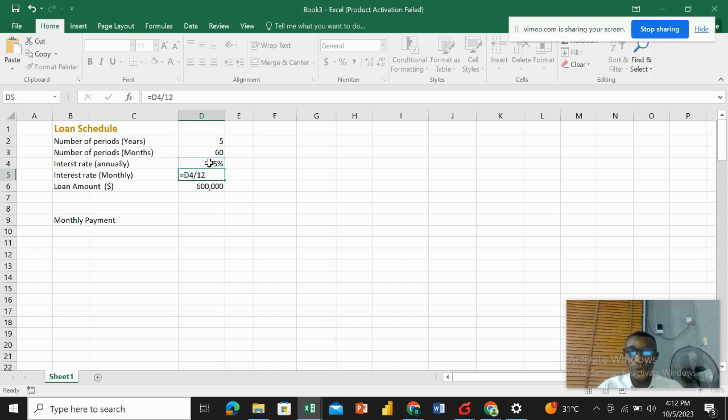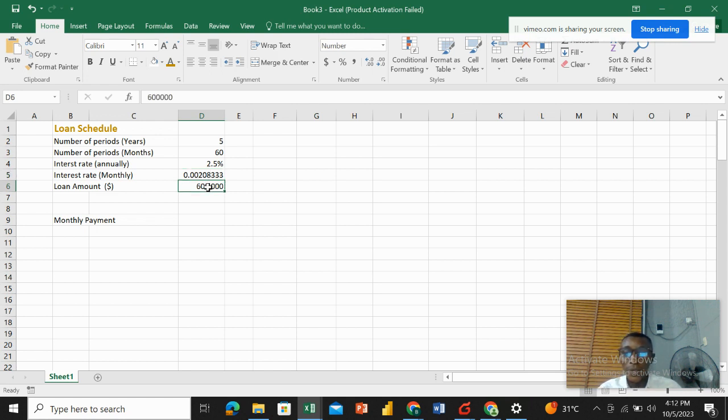This is going to give us 0.0020 and so on. This is the interest rate that we are going to pay each month for these 60 months.